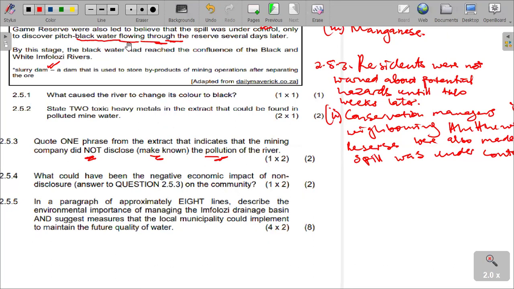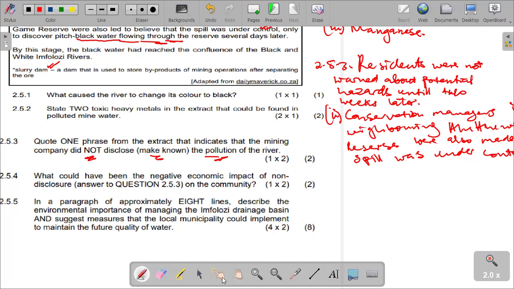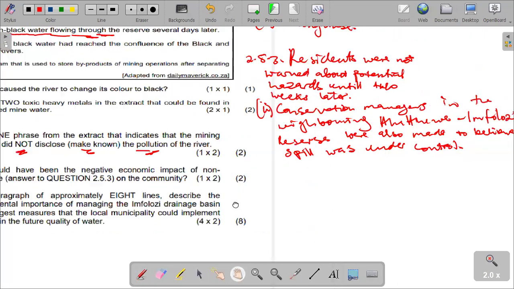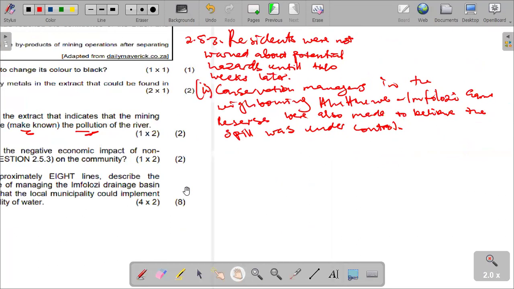Having this occur without telling the community, the negative economic impact of non-disclosure in terms of the spill is what the question wants us to talk about. Number 2.5.4.